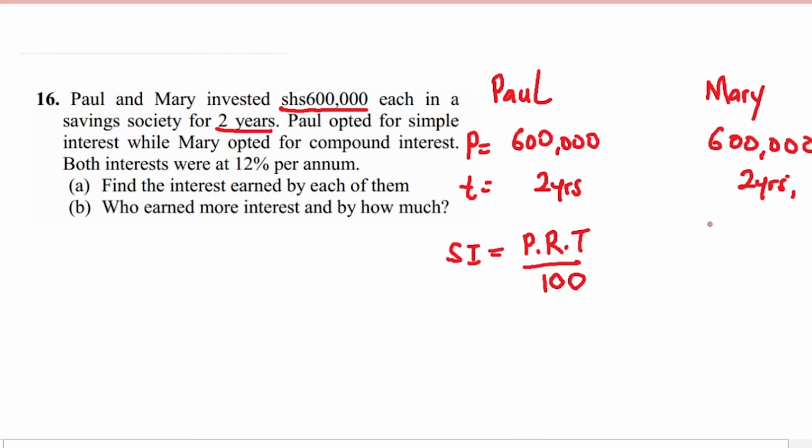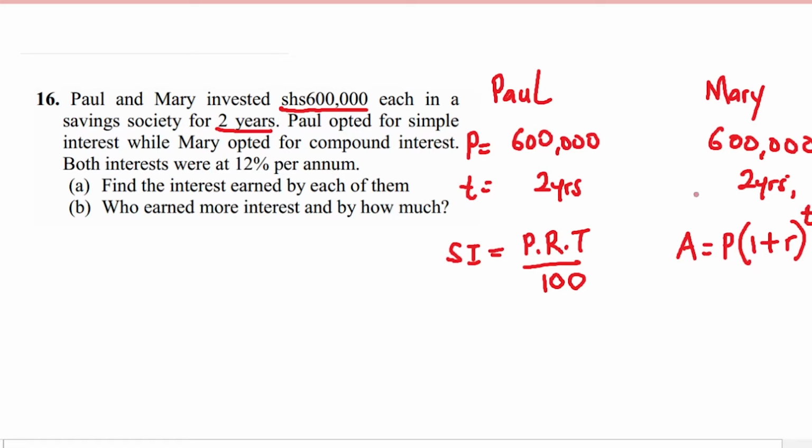And then Mary opted for compound interest. The formula we shall be using: the amount of money you have when you have applied compound interest is given by the principal into 1 plus R, where R stands for rate, to the power t, the time taken.